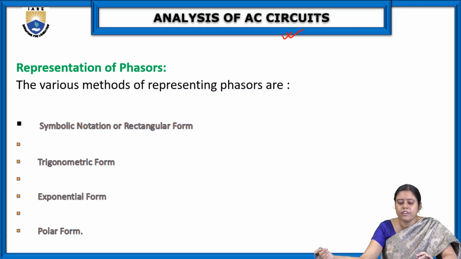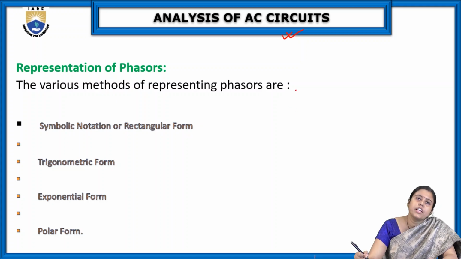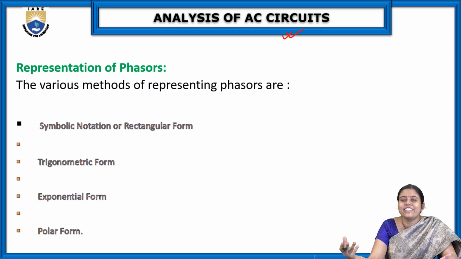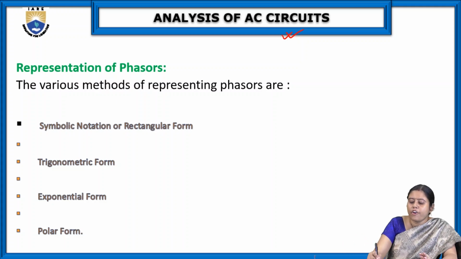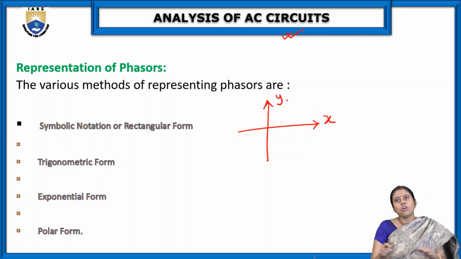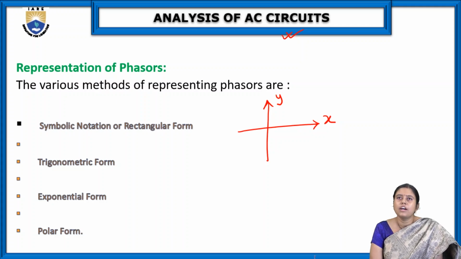First is the symbolic notation or rectangular form. What is the meaning of rectangular form? There are 2 types of form. You will study them in detail in electromagnetic fields, but for a simple discussion, rectangular form is the normal x and y plane.